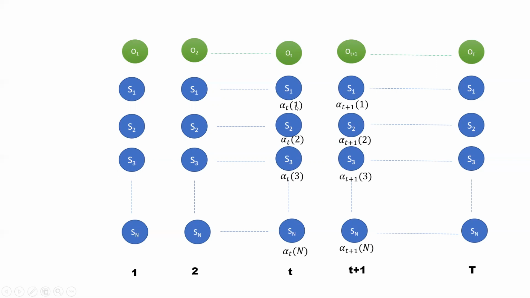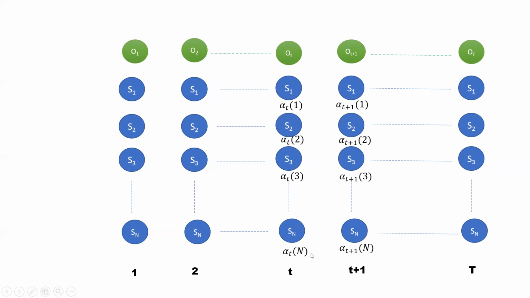So alpha t of 1 means the probability of emitting the symbols O1, O2, etc. up to OT, so small t. So the probability of emitting this sequence of symbols up to the time step t by the state S1. Similarly, alpha t of 2 means the probability of emitting this sequence by the state S2.